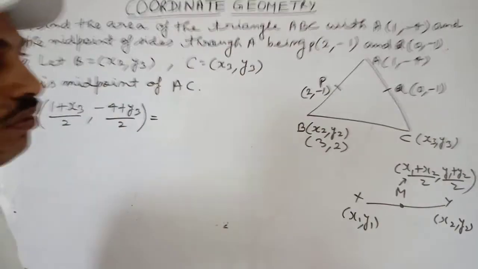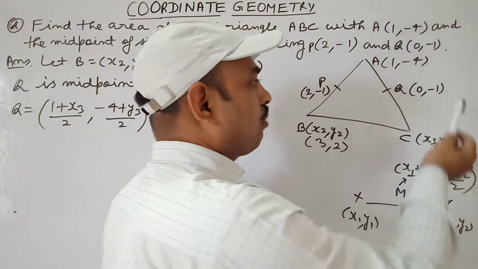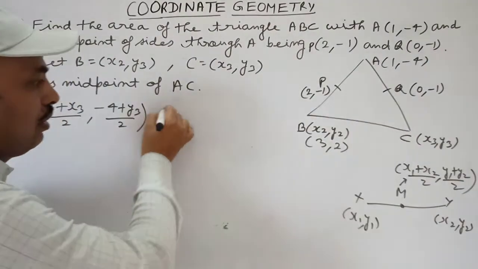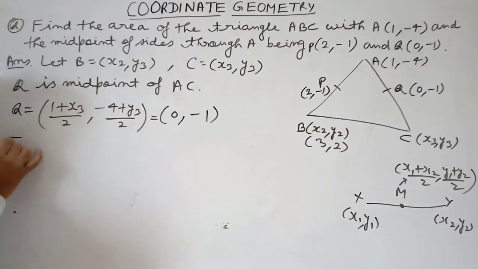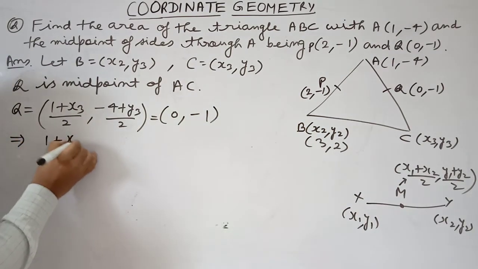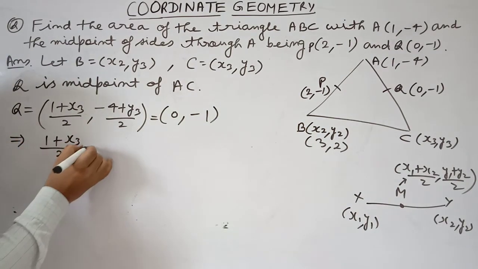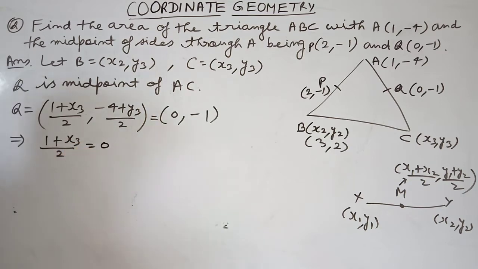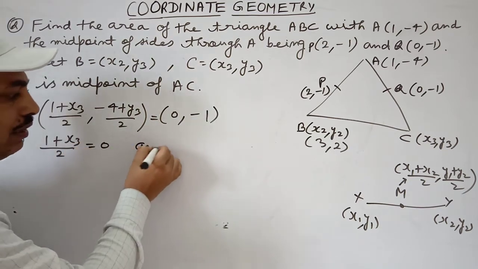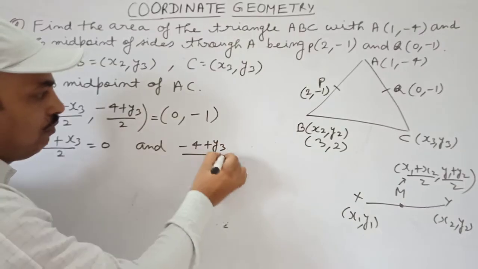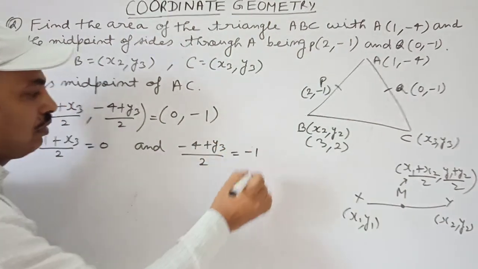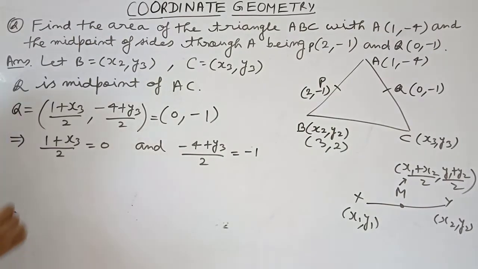This is equal to (0, -1). Comparing x coordinates and y coordinates, we have (1 plus x3) upon 2 equals 0 and (-4 plus y3) upon 2 equals -1.